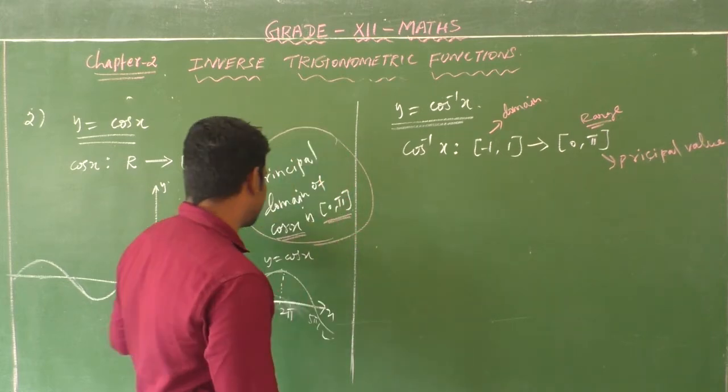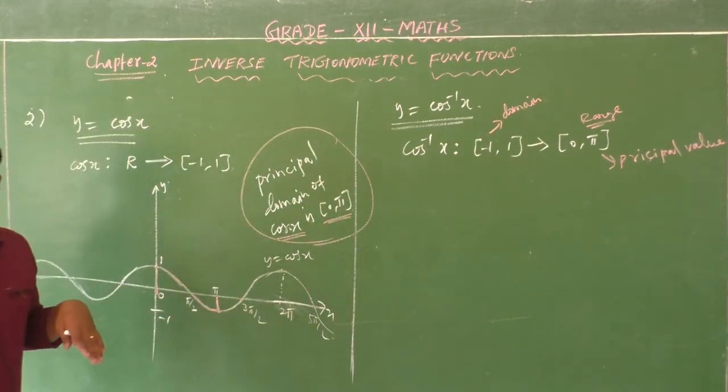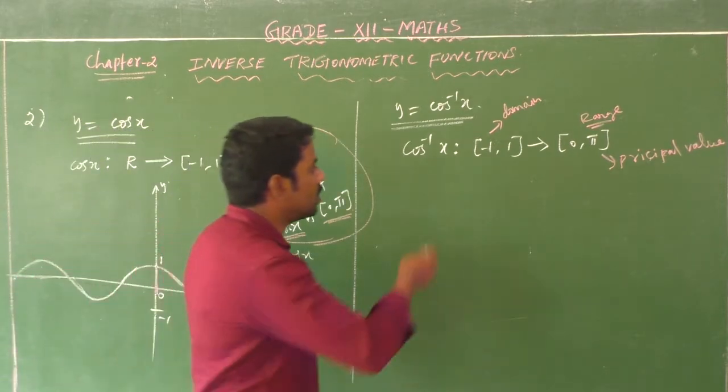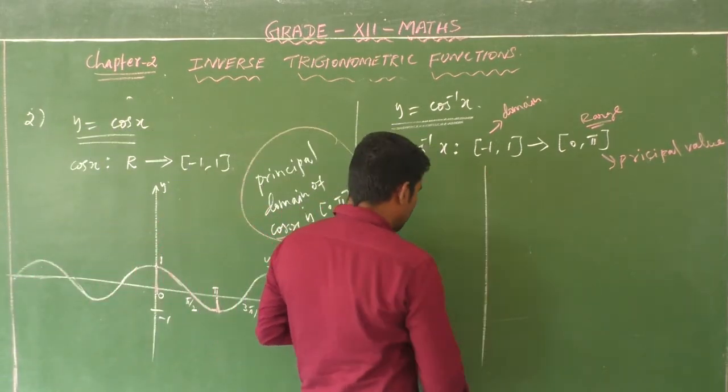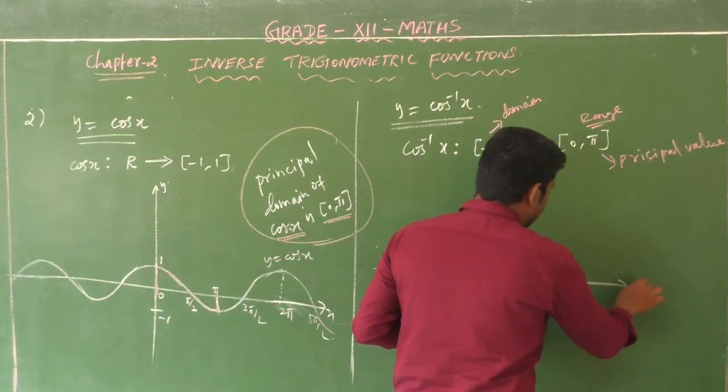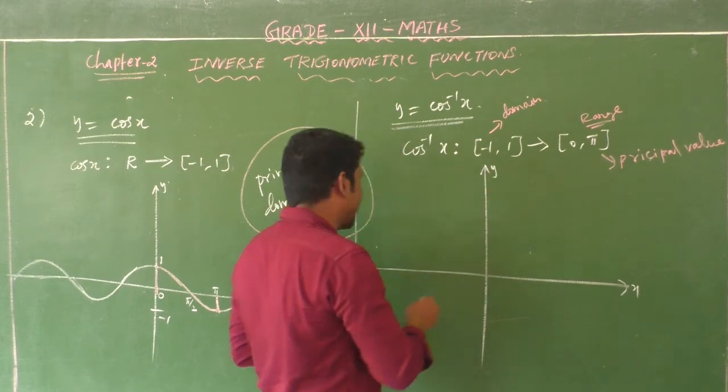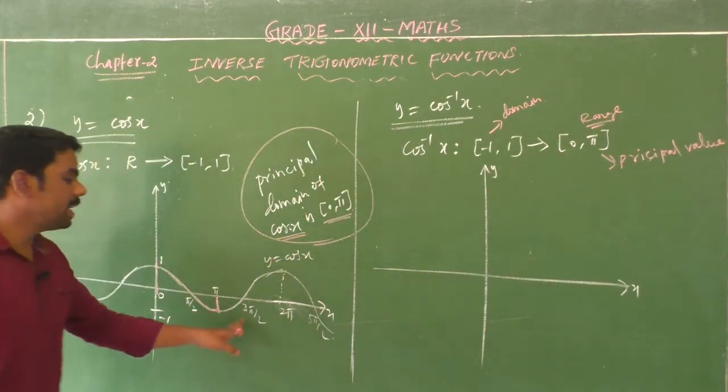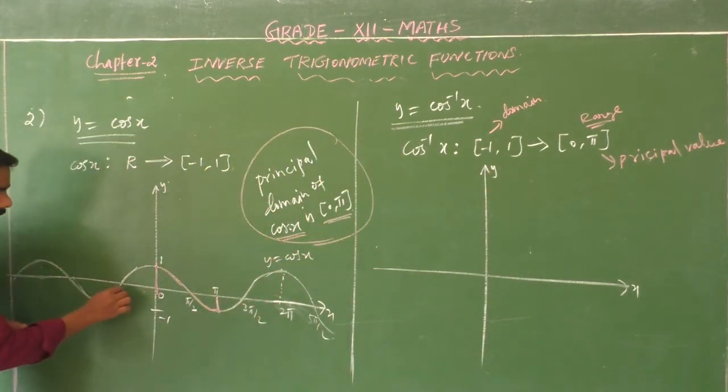Change the x and y axis values and draw the cos inverse x. X axis, y axis. Here x values are 0, pi by 2, pi, 3 pi by 2, 2 pi, and minus pi by 2, minus 3 pi by 2, minus pi, minus 2 pi, and so on.